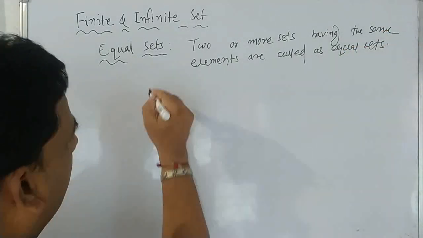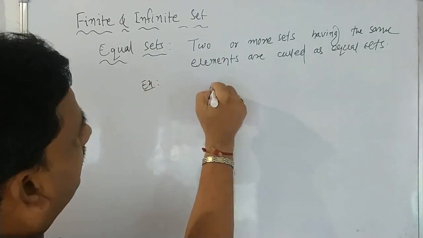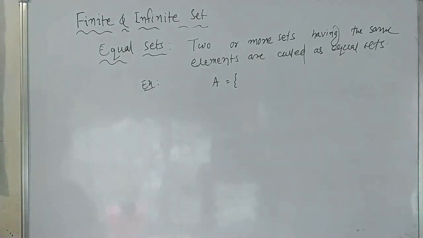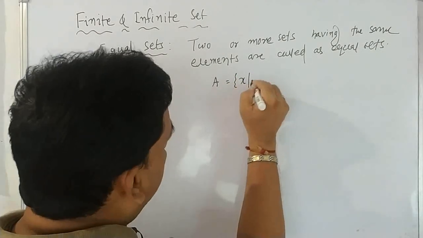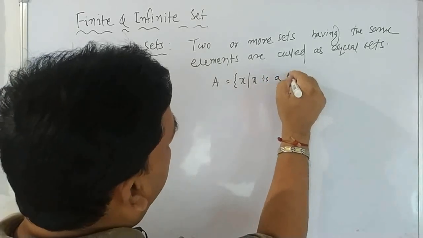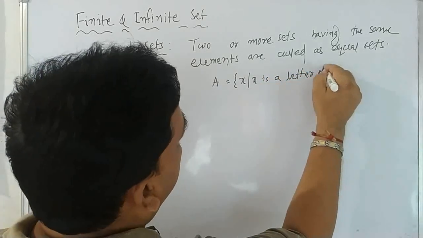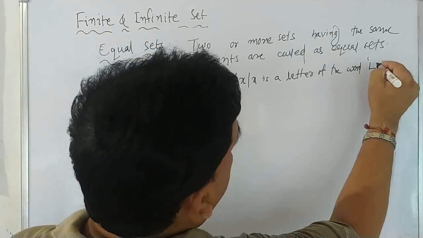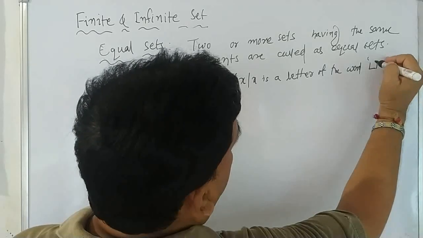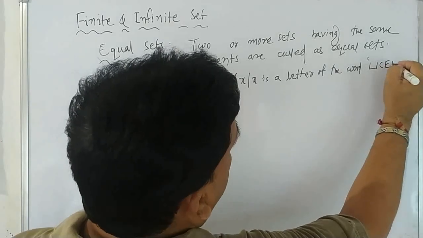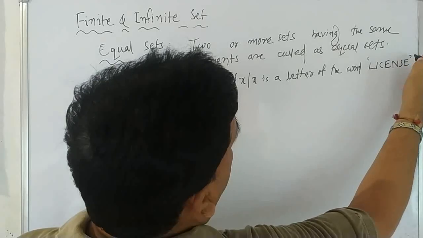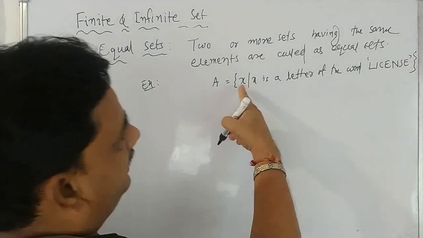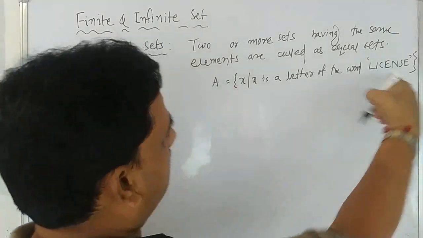Okay. For example, let us take a set A: x such that x is a letter of the word license.